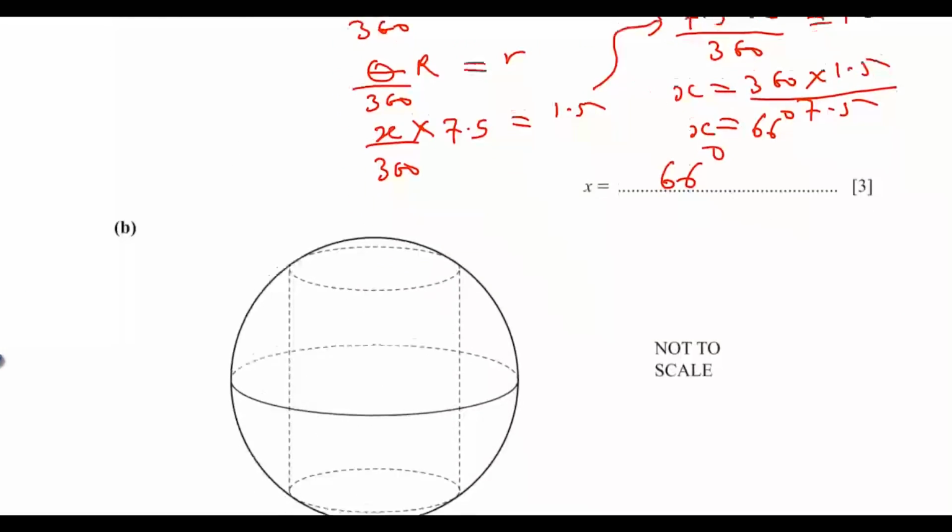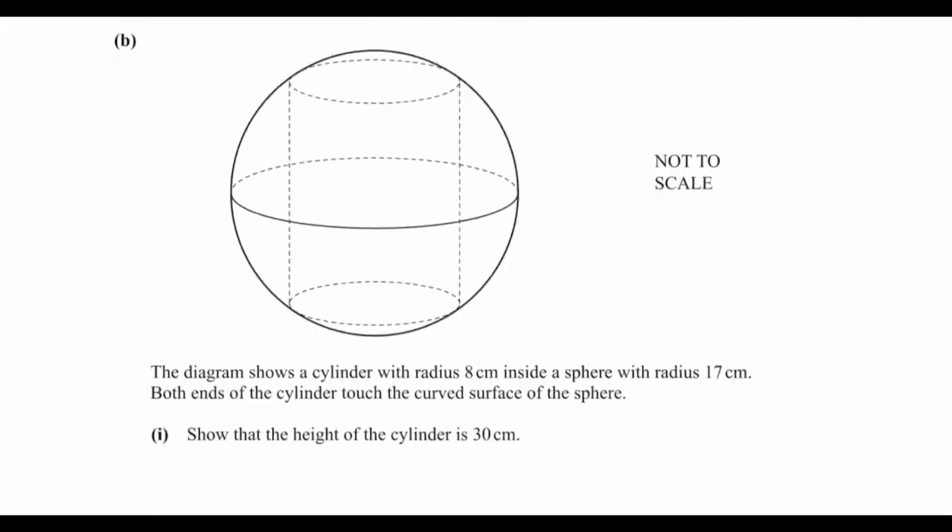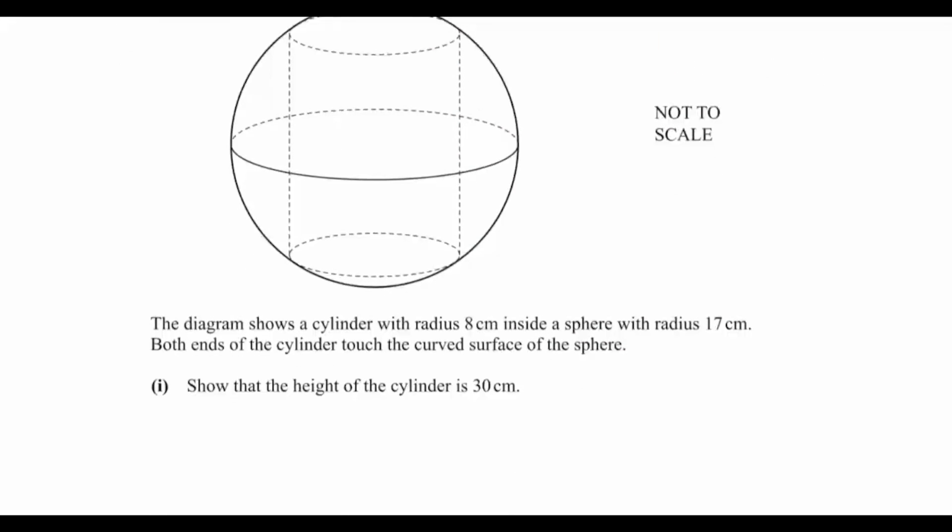So let's go to part B. The diagram shows a cylinder with radius 8 centimeters inside a sphere with radius 17 centimeters. Both ends of the cylinder touch the curved surface of the sphere. Show that the height of the cylinder is 30 centimeters.